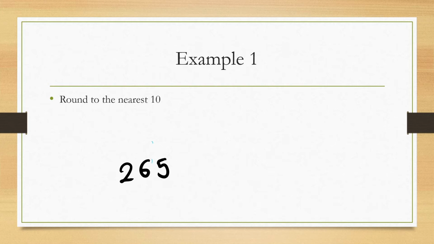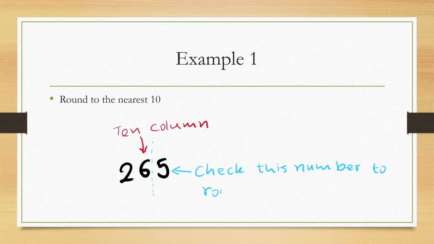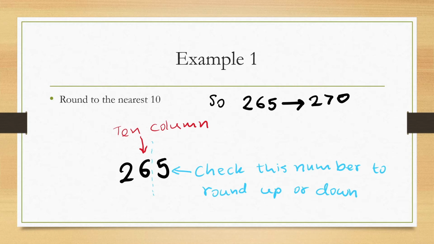Because it's to the nearest 10, we're going to split this number like this. 6 is in the tens column, and 5 is the number that we need to check to see if it rounds up or down. Since this is 5, and earlier we saw the rule states if the number is equal to 5 or more than 5, then we round up. So we round 265 up to 270. That's the answer of rounding 265 to the nearest 10.